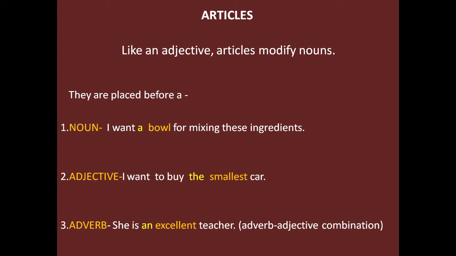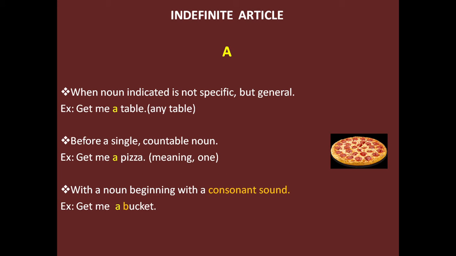So this is a kind of an adverb adjective combination because teacher is qualified as excellent and she is also excellent. So articles come before adjectives, nouns or adverbs. Let's look at the indefinite article a.